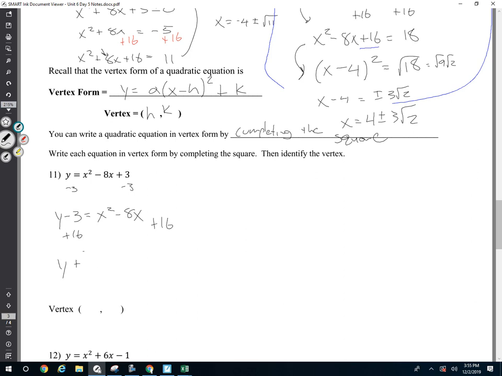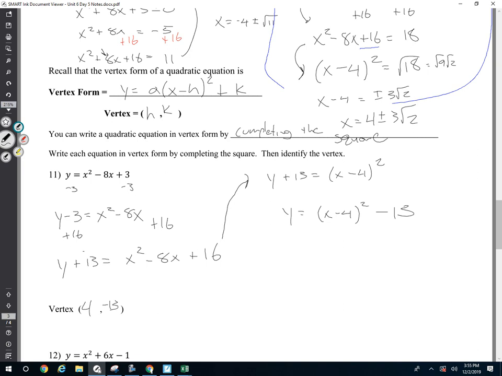Y plus 13 equals x squared minus 8x plus 16. Now, we're not solving here, so watch. I know the right side's going to look like x minus 4 squared. But watch my final step. I'm going to move that 13 back over. And I find my vertex is at 4, negative 13.